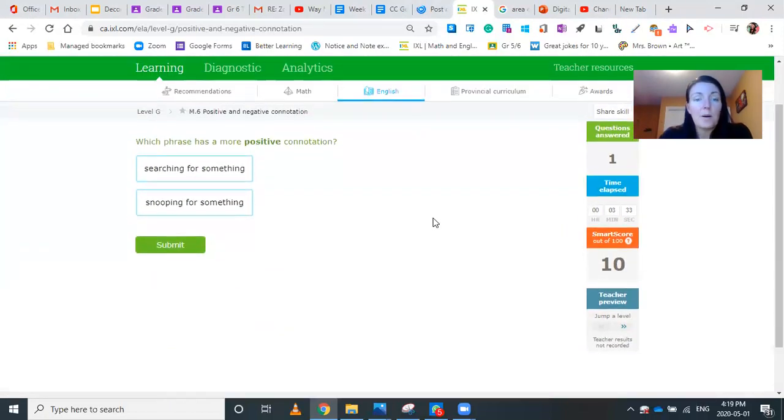Which phrase has a more positive connotation? So do pay attention to the screen question, because they're changing between the negative and positive the whole time. All right, searching for something or snooping for something. Which one's more positive? Oh, I've been searching for something. All right.